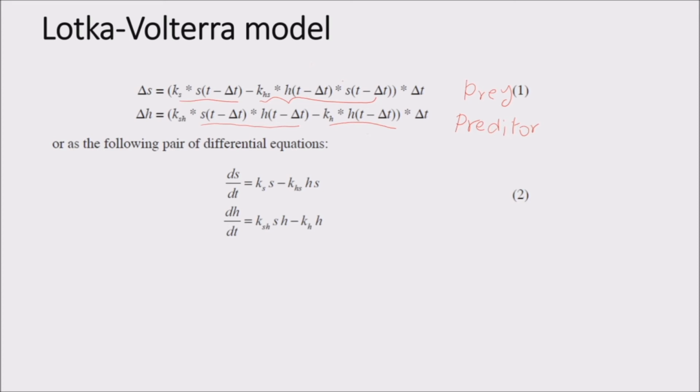Right, so this is the differential equation for the same thing. It is a shorthand way of writing it, using ds and dt instead of delta s, delta h or delta t.